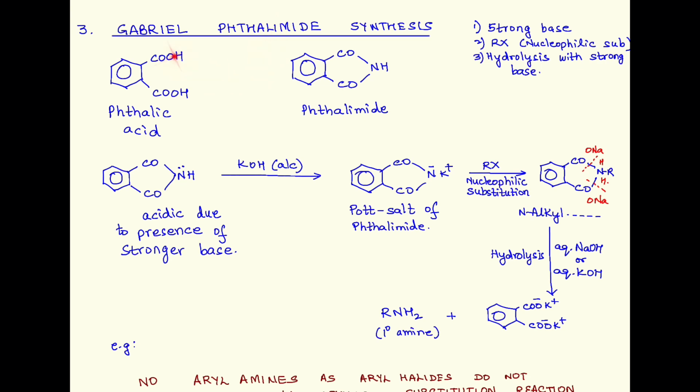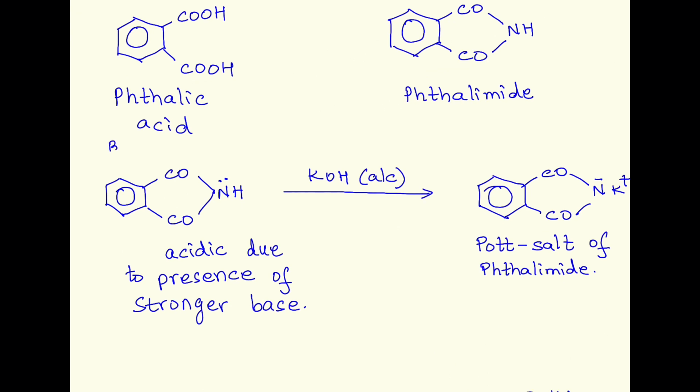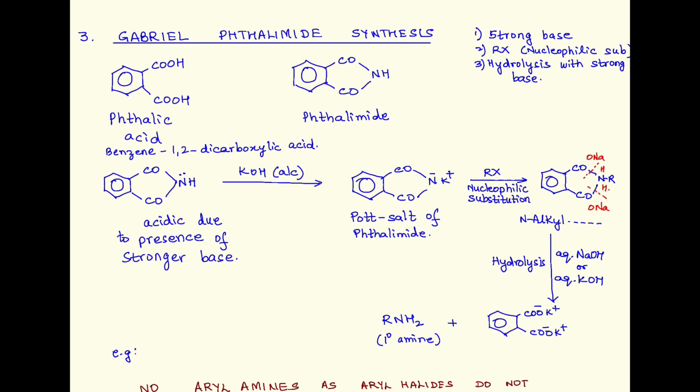Phthalimide means it is coming from phthalic acid. Now, this is actually the common name of benzene 1,2-dicarboxylic acid. So, basically you have got two COOH groups at adjacent positions to each other in a benzene ring.